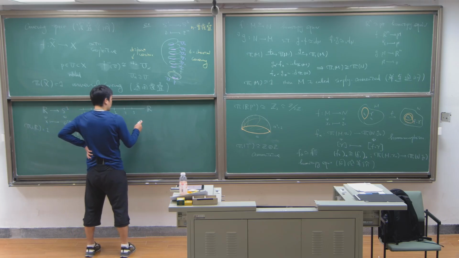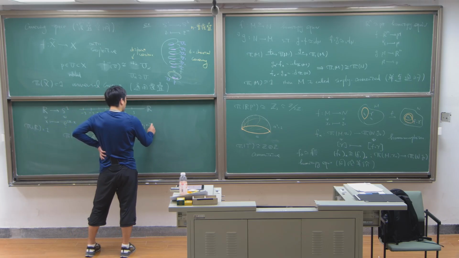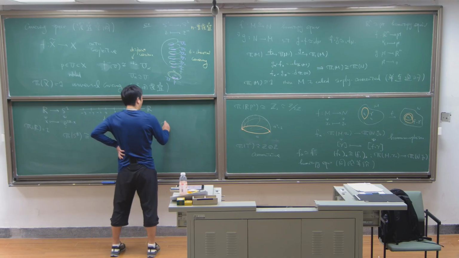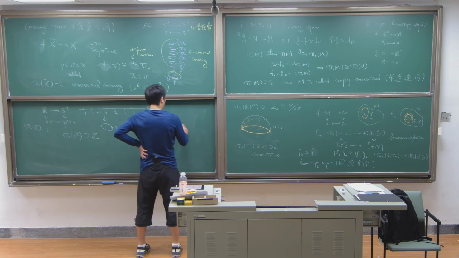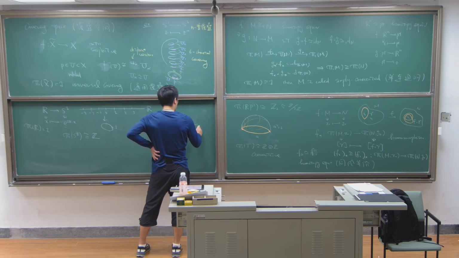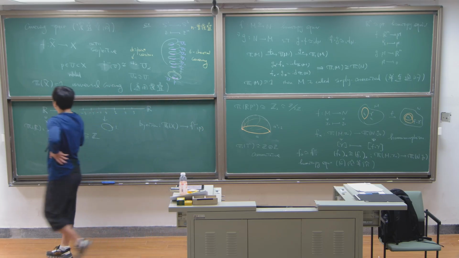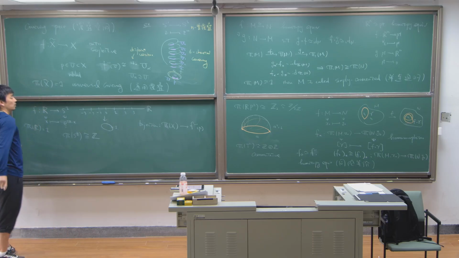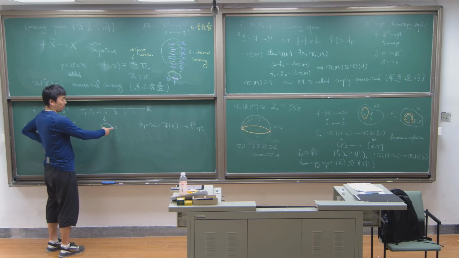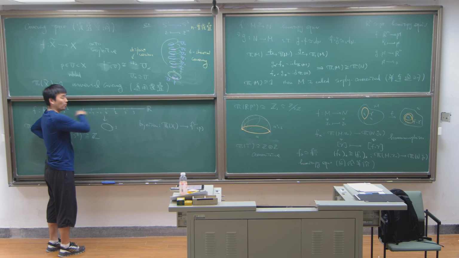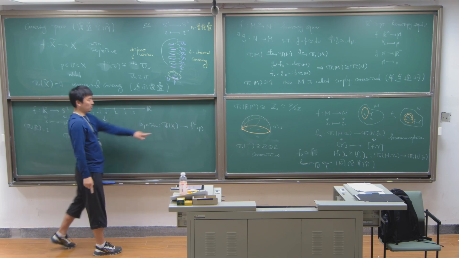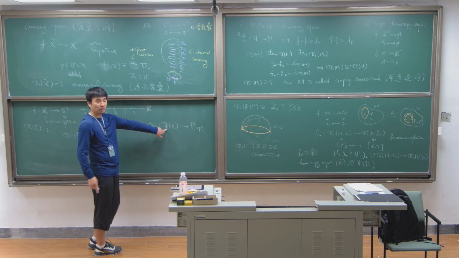If you have a universal covering, there is a bijection between pi 1 of X and the preimage of a point. Let's pick a point 1 here and look at the preimage. There are integer points, and we know that pi 1 of S1 is the integers. This is the bijection.